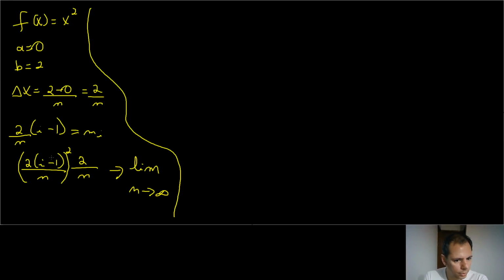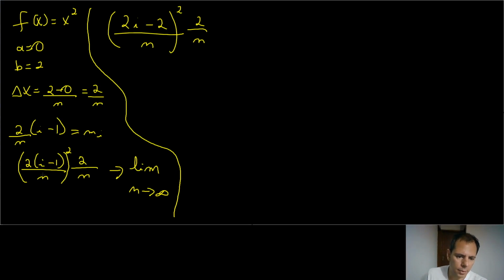So let's try to develop this thing here. This thing is going to be 2i minus 2 divided by n, and I'm squaring this and then multiplying by 2 divided by n.